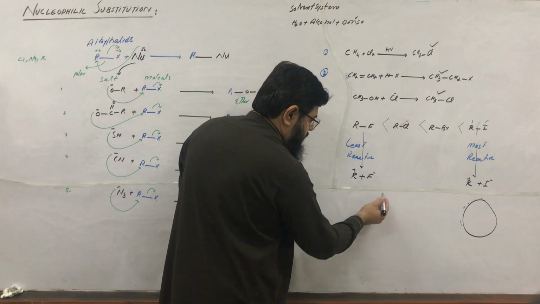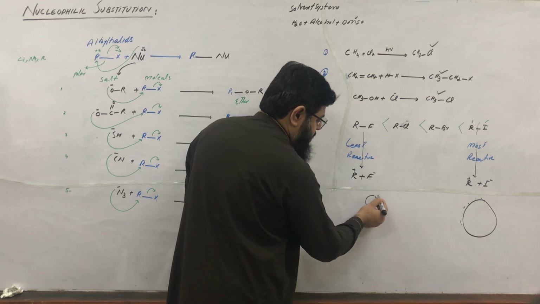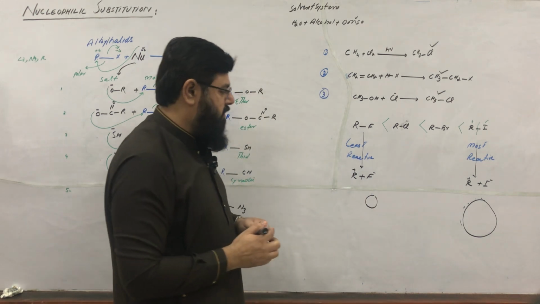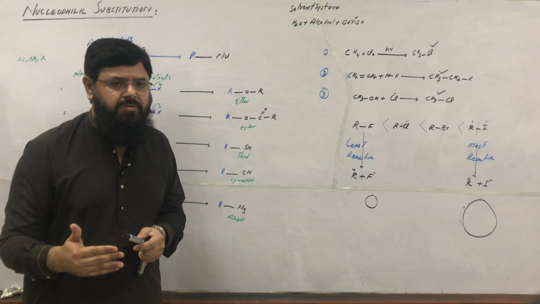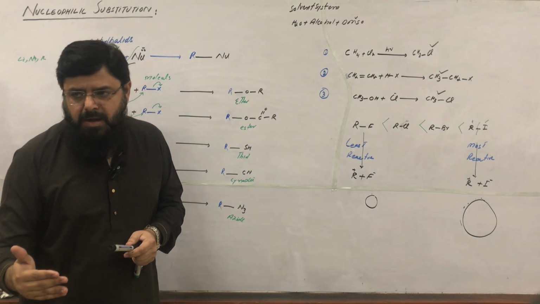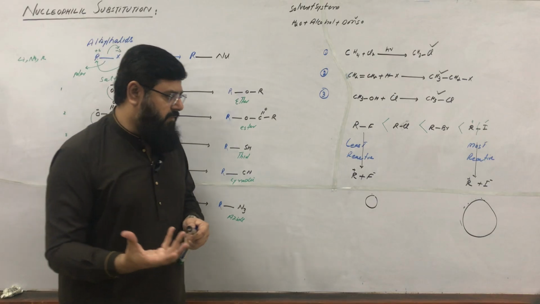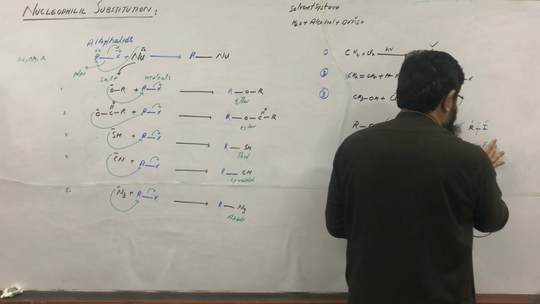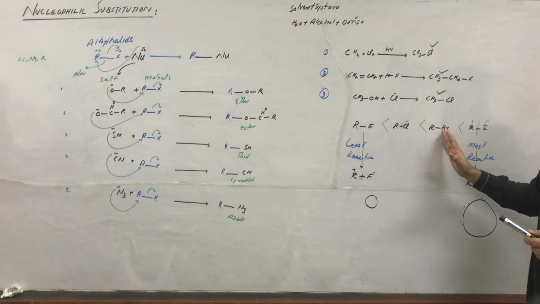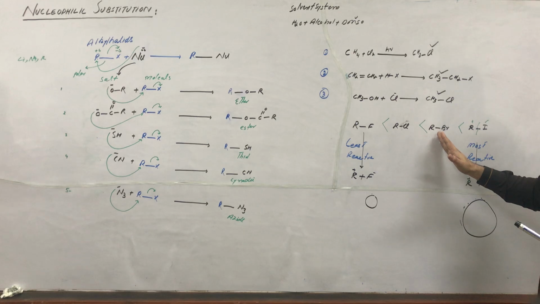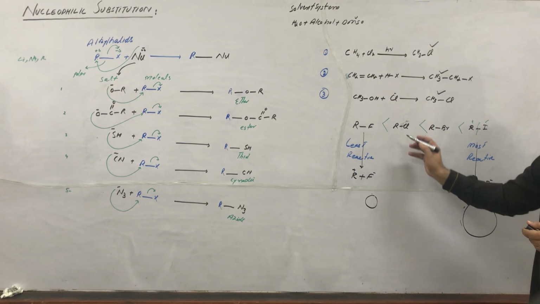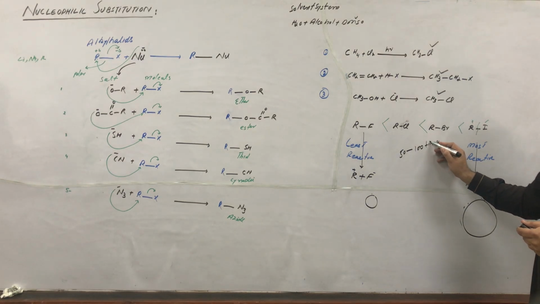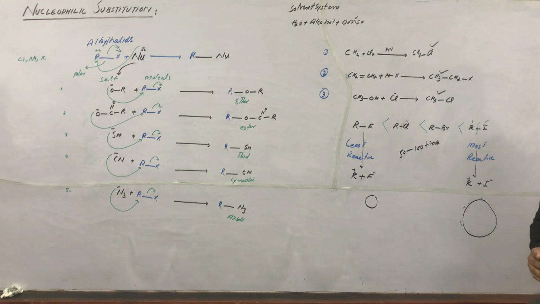Compared to iodide, fluoride is a smaller atom, so the charge on it will be concentrated. Whenever a positive or negative charge is distributed, the effect of the charge is decreased. So we conclude that alkyl iodides are most reactive. They are many times more reactive than alkyl bromides, and 50 to 100 times more reactive than alkyl chlorides and alkyl fluorides. Thank you so much.